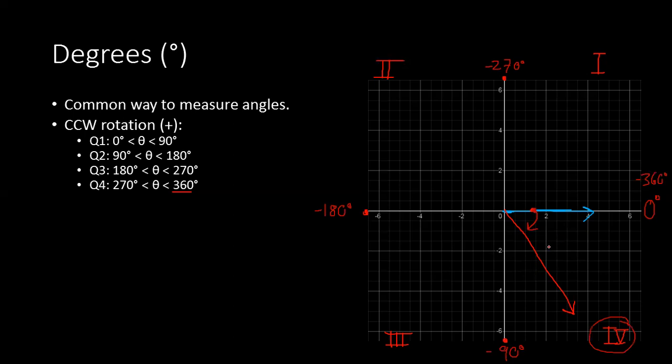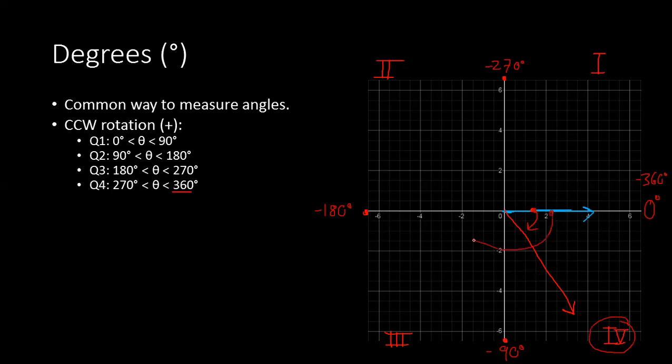So if your terminal side is located in this quadrant, expect that the angle formed here is less than 0 degrees but greater than negative 90 degrees.